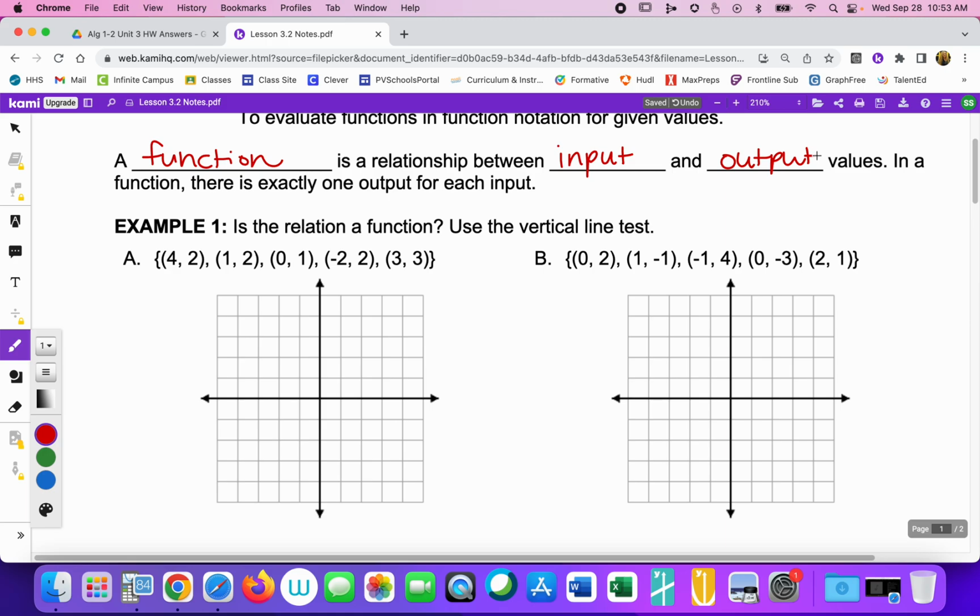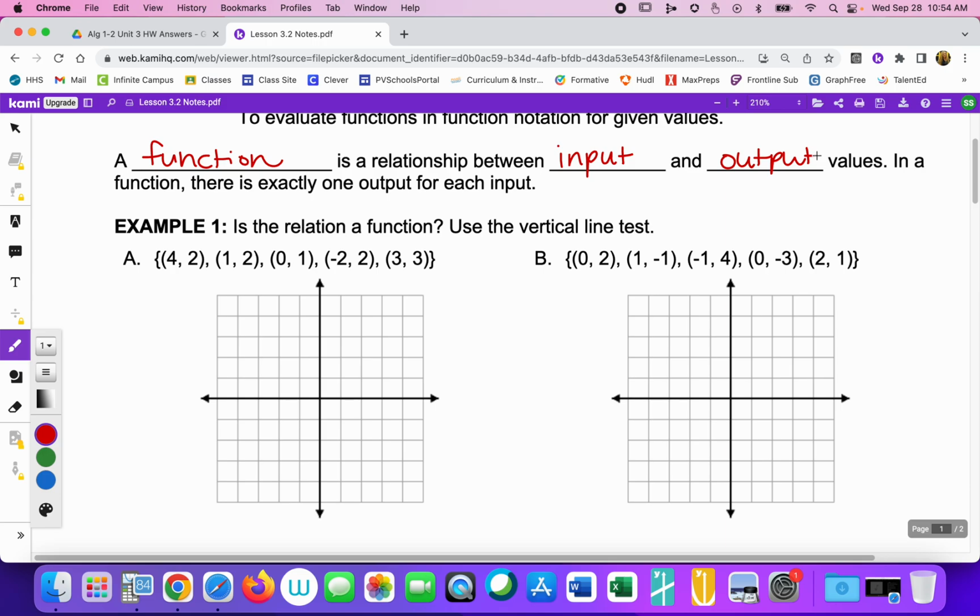Input, those are the x values, also known as the domain values that we talked about yesterday. Output would be the range, which is the y values. So the x values cannot repeat themselves. There is one x for every y. The y values technically can repeat, but the x values may not.